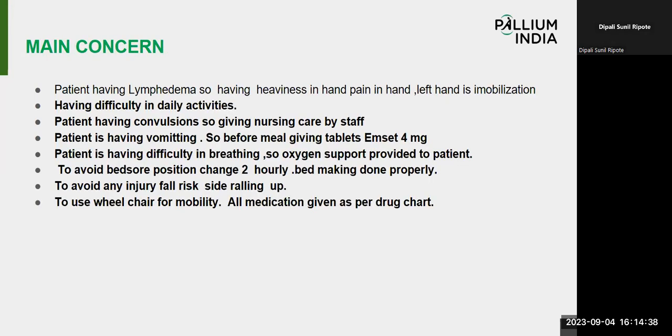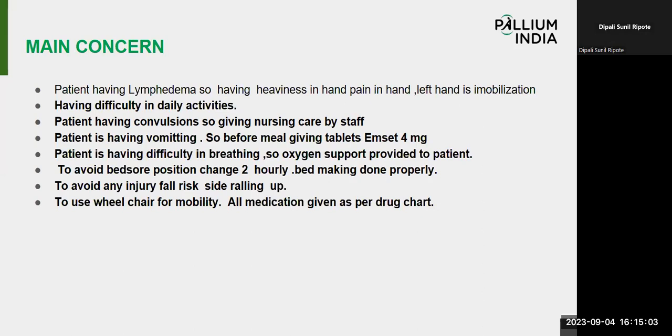Main concern: the patient has lymphedema, so she has heaviness and pain in the left hand and immobilization, with difficulty in daily activities. Patient having convulsion, so nursing care is given by the staff. Patient is having vomiting, so before meals tablet Emset 4 mg is given.